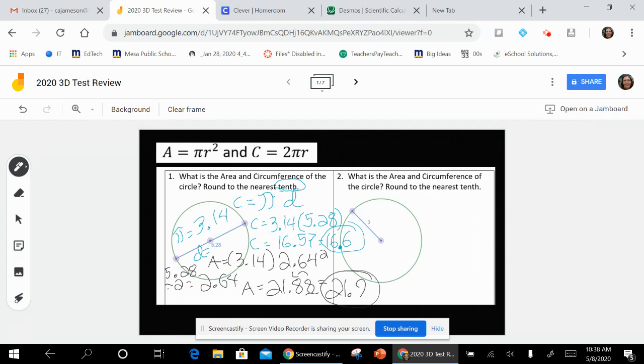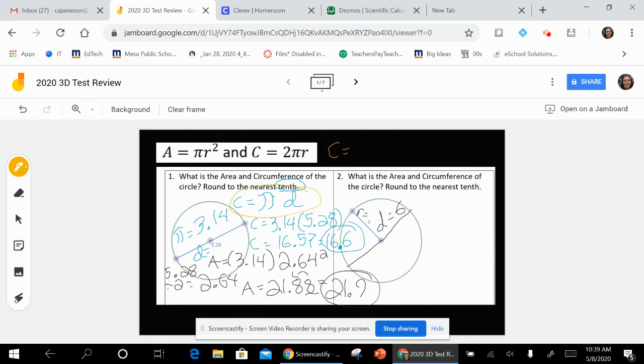You got this. Okay, for this one, what's the area and circumference of the circle? This one, 3 is our radius. If I wanted the diameter, 3 plus 3 is 6, so the diameter is 6. Circumference is equal to pi times d.